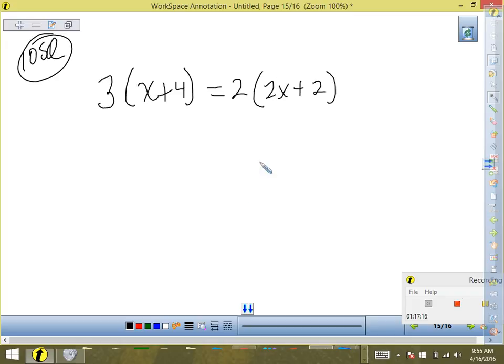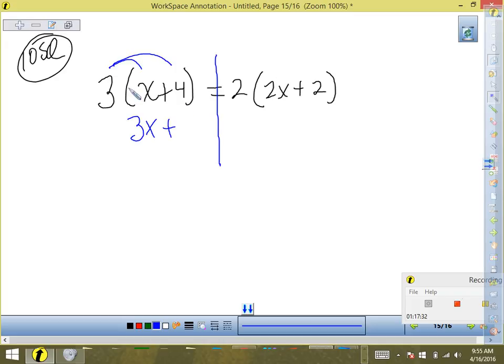By this time, you should be able to do this one by yourself, but let me get you started. First, distribute. This becomes 3x plus... Now, look up, please. This is one common mistake. When you get to your quizzes, some of you forget to distribute to the second term.